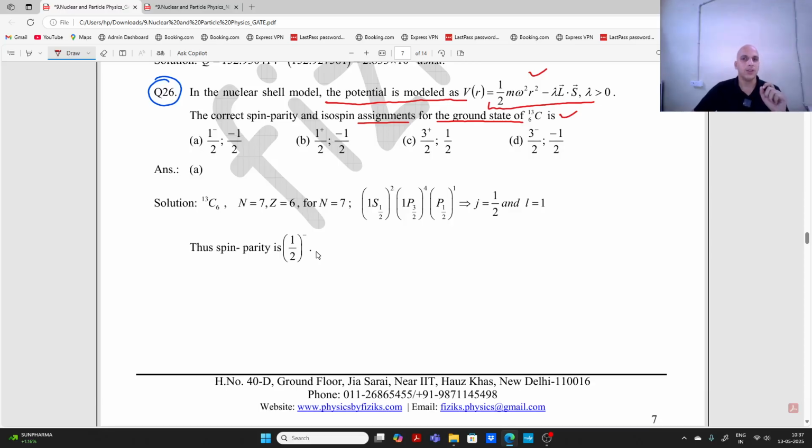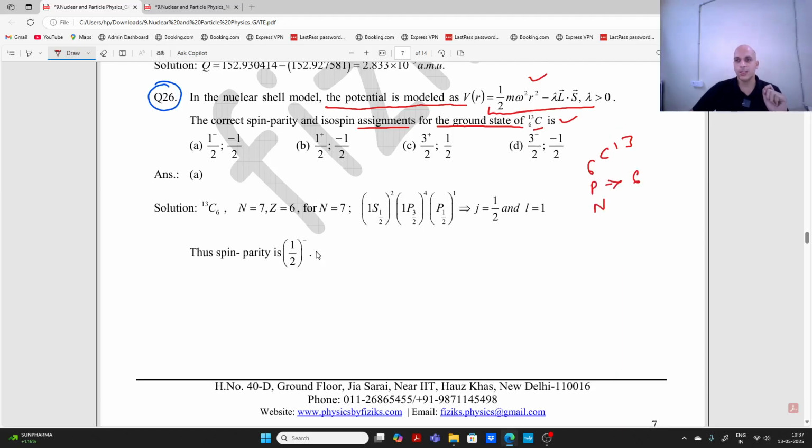They are asking about the spin parity and isospin of this state. So this state is carbon 13. Again we have proton equal to 6, neutron equal to 7. So unpaired is a neutron. Again same thing. We are going to write 1s, 1p, then again 1p. So 2 plus 4 is 6, plus 1 is 7. So the last neutron is entering in this shell, right?